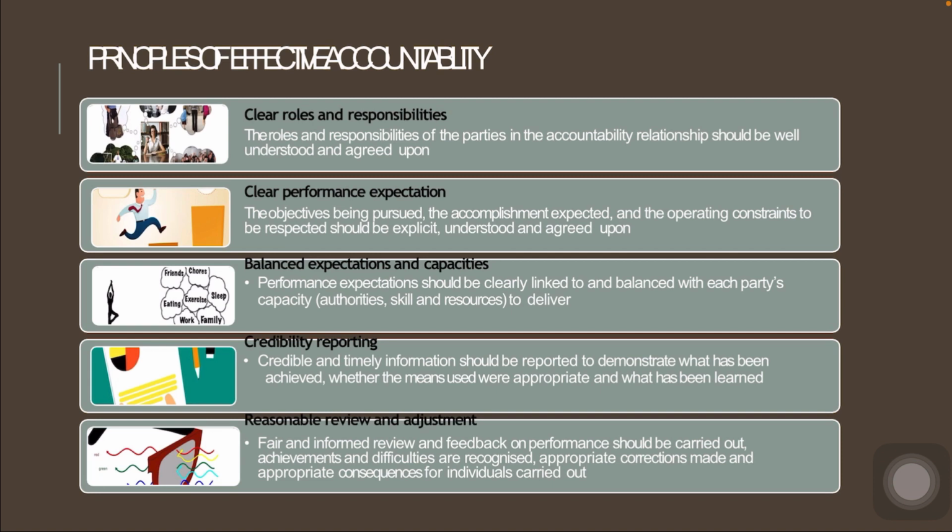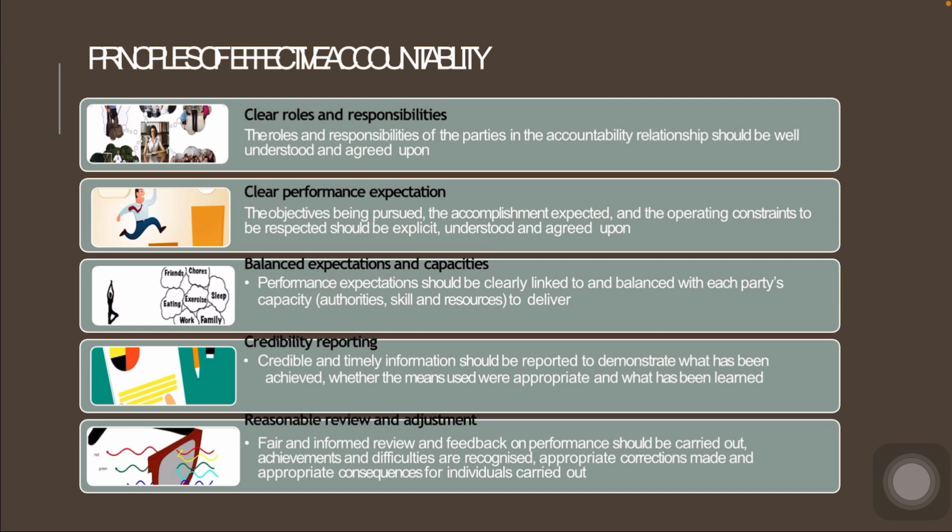Moving on, kita nak tengok the principles of accountability, atau apakah prinsip-prinsip yang perlu dipraktikkan oleh sesebuah organisasi in order for them to have an effective accountability. So the first one, they must have clear roles and responsibilities. The roles and responsibilities of the parties in the accountability relationship should be well understood and agreed upon.